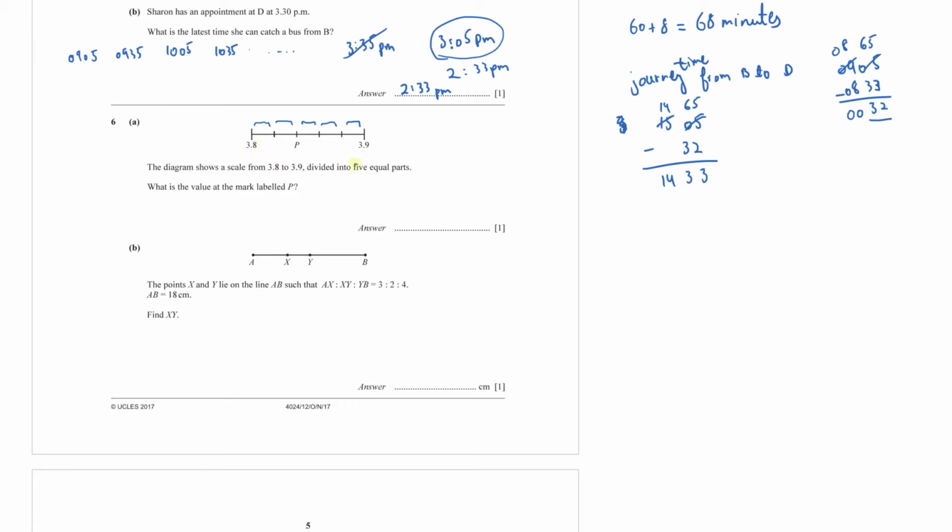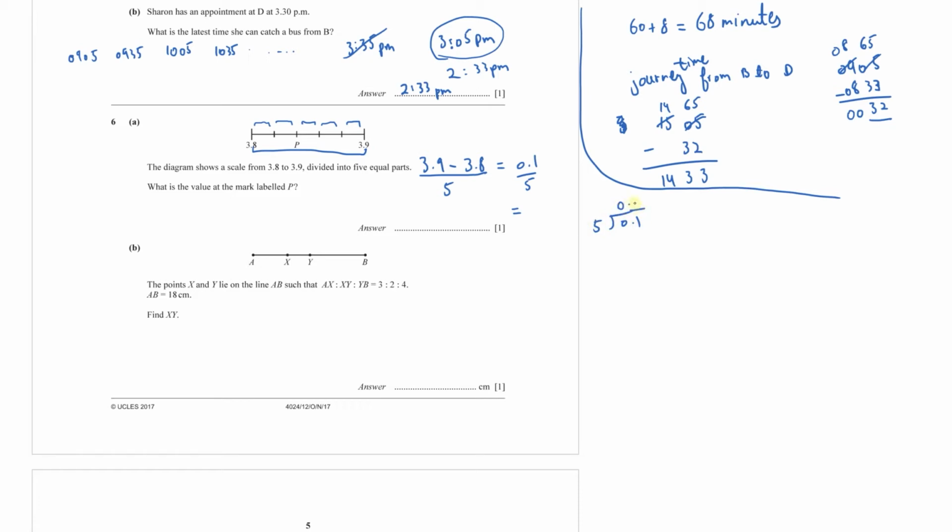So here the difference is what? 3.9 minus 3.8. This is the total difference, and it's represented by 1, 2, 3, 4, 5 equal parts. So you have 5 parts. So this is 0.1 divided by 5. So 0.1 divided by 5 would be 0.